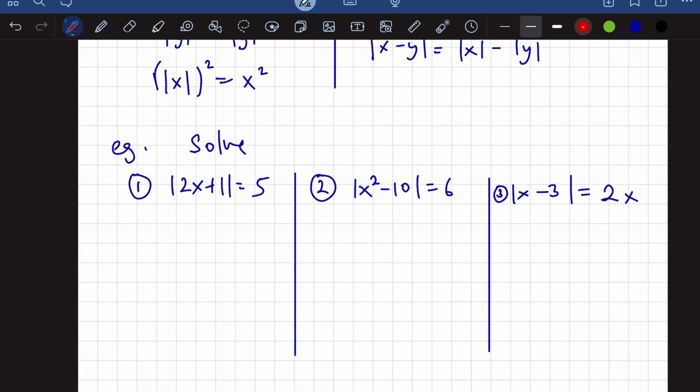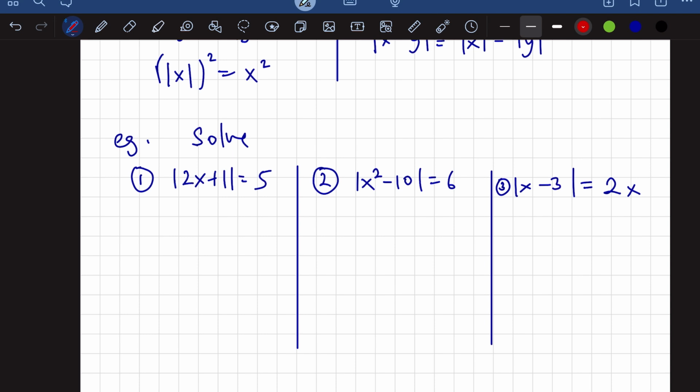We're going to look at 3 examples of how we solve modulus equations, and the process of how we check to see if the answers are really accurate. Let's look at the first one: modulus of 2x plus 1 equals 5. Remember, the modulus of any number has both a positive and negative version of it.